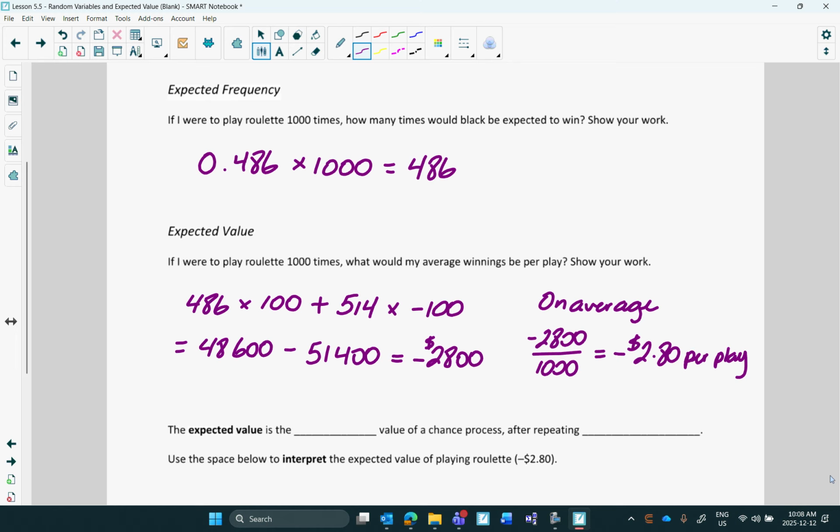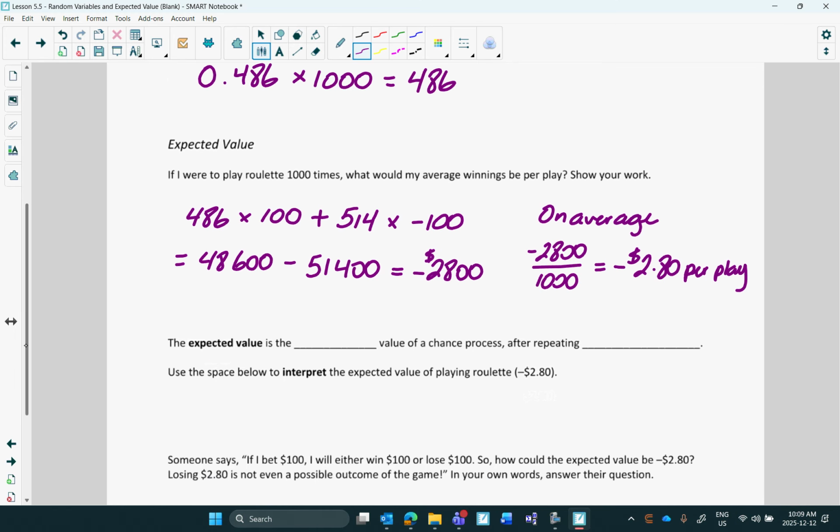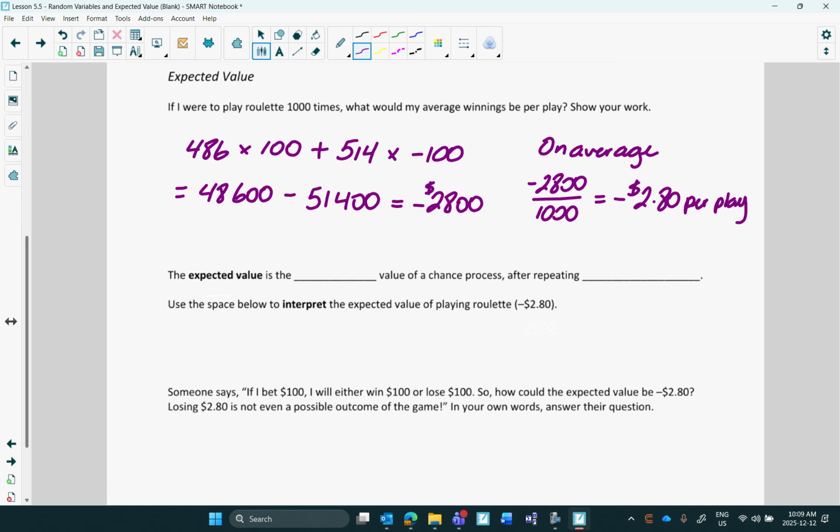So what we just calculated was the expected value. The expected value is the average value of a chance process after repeating trials, doing it over and over and over again. So how would we interpret?